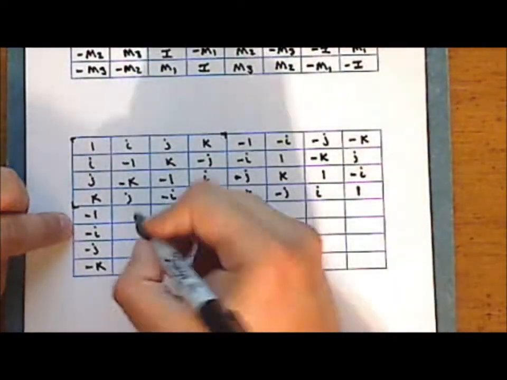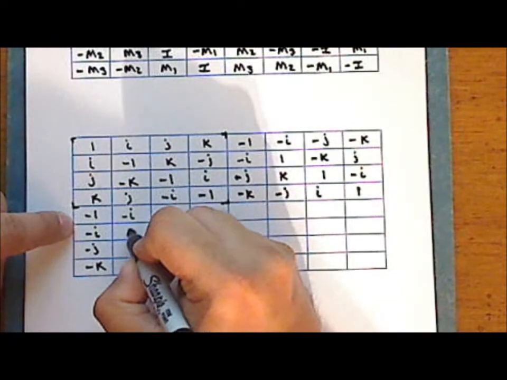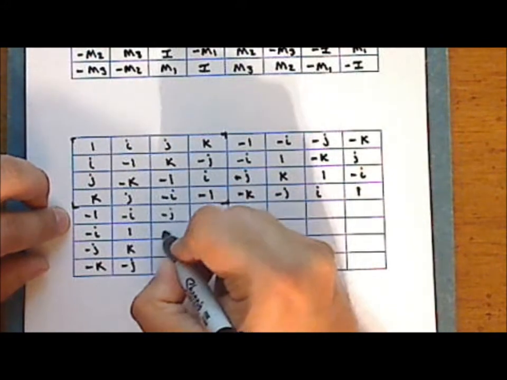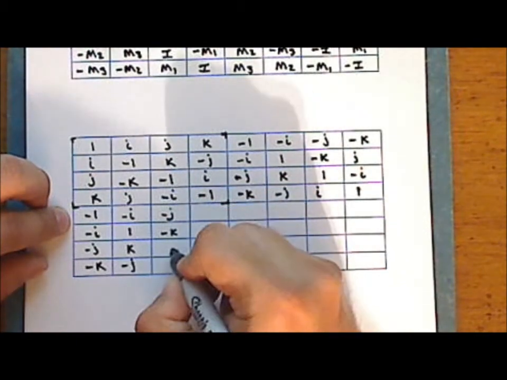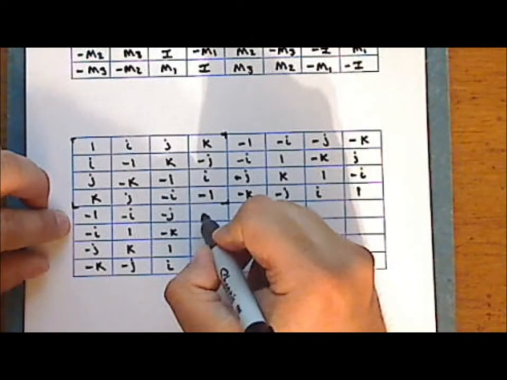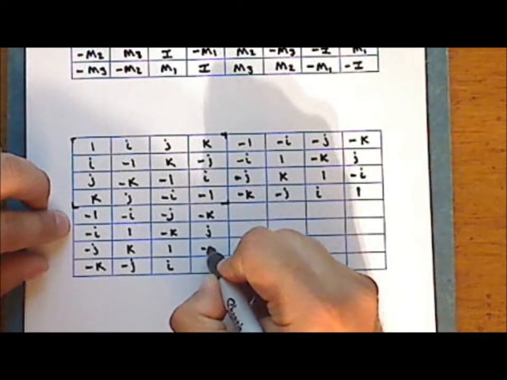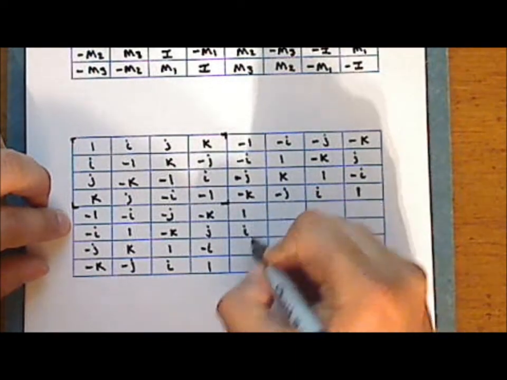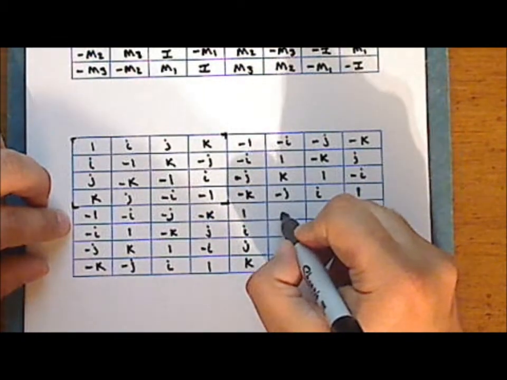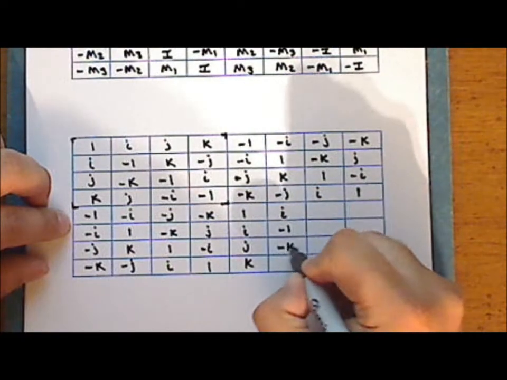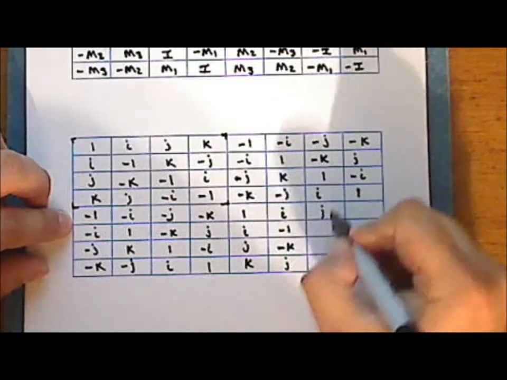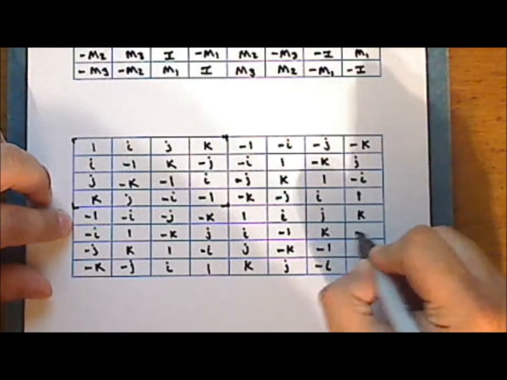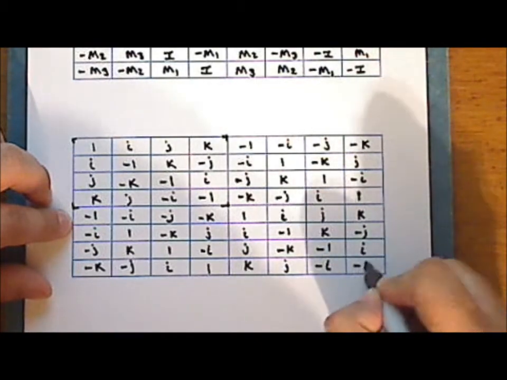Now filling in the columns, we have negative i, 1, k, negative j, then negative j, j, negative k, 1, i, then negative k, j, negative i, 1, then 1, i, j, k, then i, negative 1, negative k, j, then j, k, negative 1, negative i, and finally k, negative j, i, negative 1.